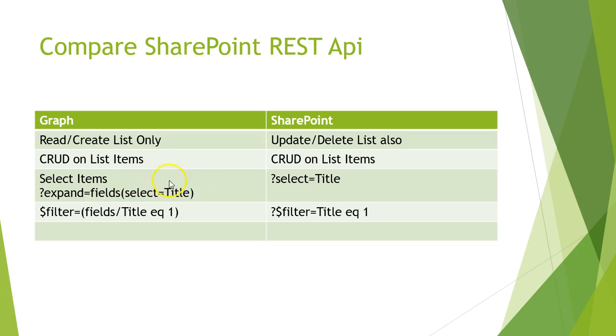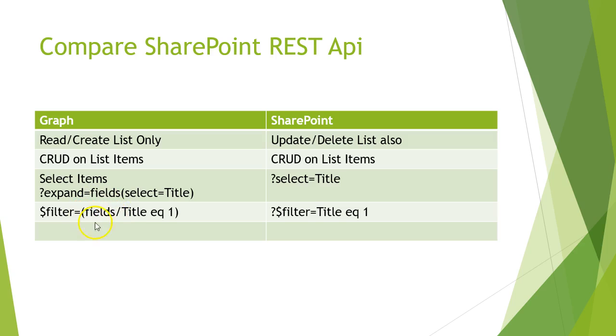And when we're selecting the columns in the REST API in SharePoint, it's very simple. We just put select equal to title, location and all. Over here, we have to use the expand equal to fields and then give the selected columns in the select in the parenthesis. And for filtering, we need to make sure that we select the fields using fields/title. In the REST API, we just use filter equal to title equal to 1.